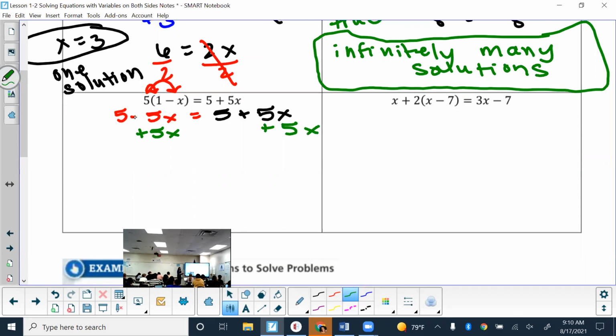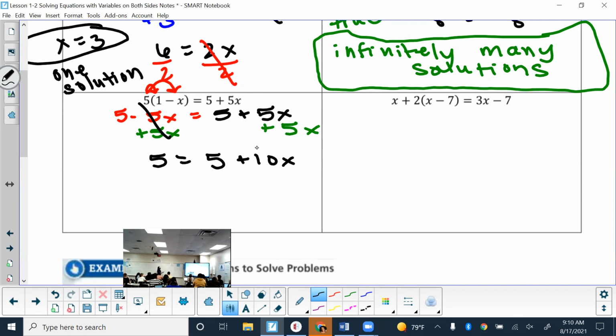On the left side, we have 5. And what happens to the 5x? Cancel out. On the right side, we have 5. And then what's 5x plus 5x? 10x. I did have some people think that it canceled, so it did not.